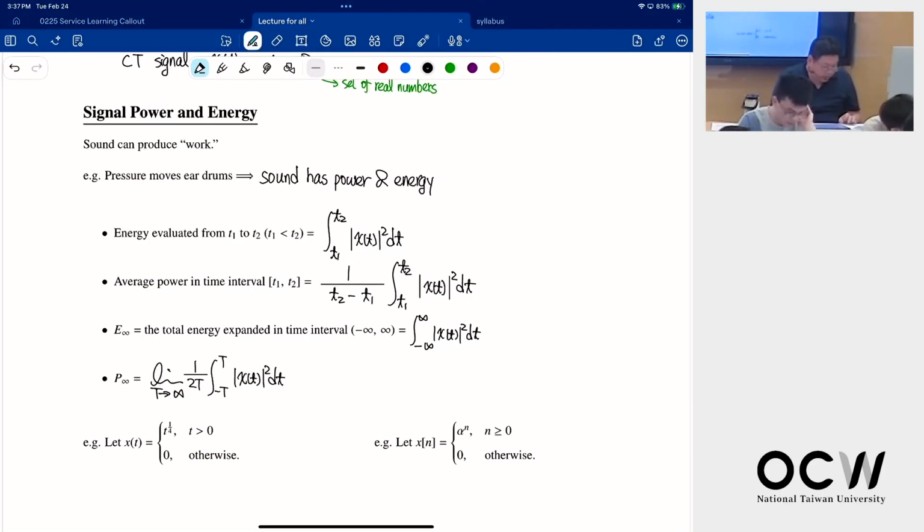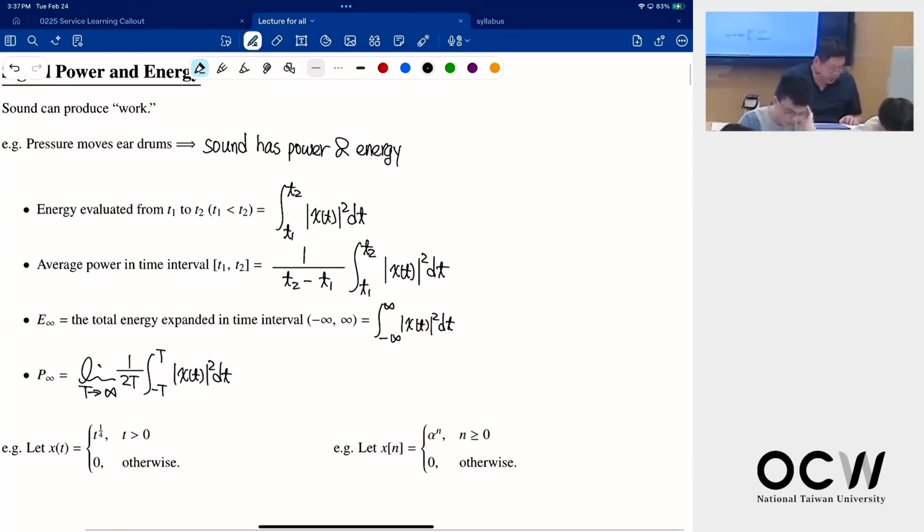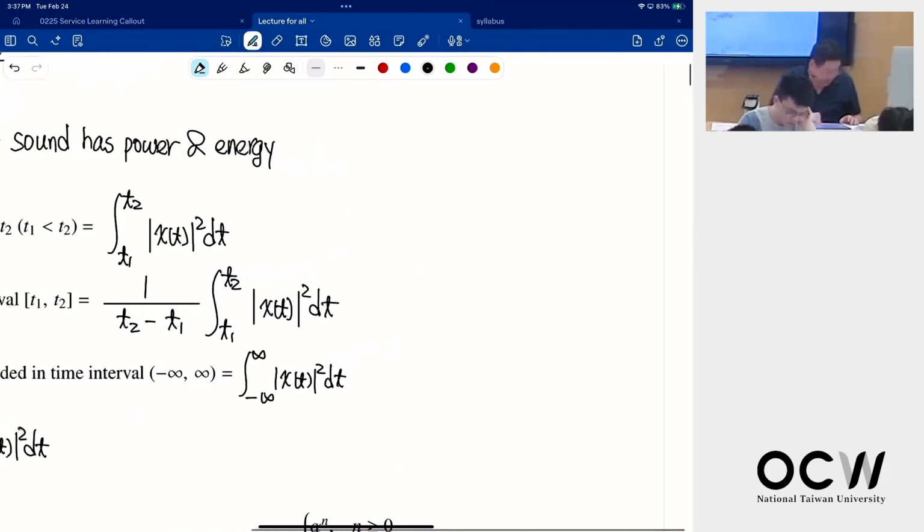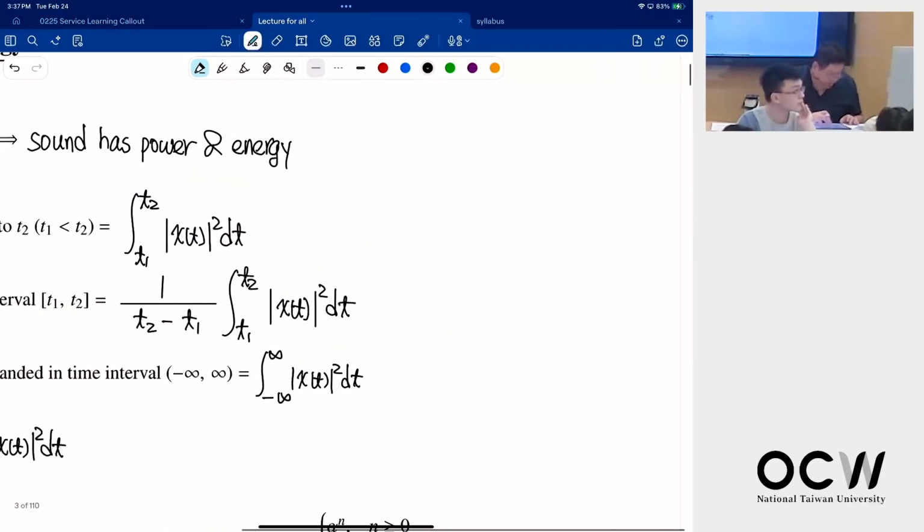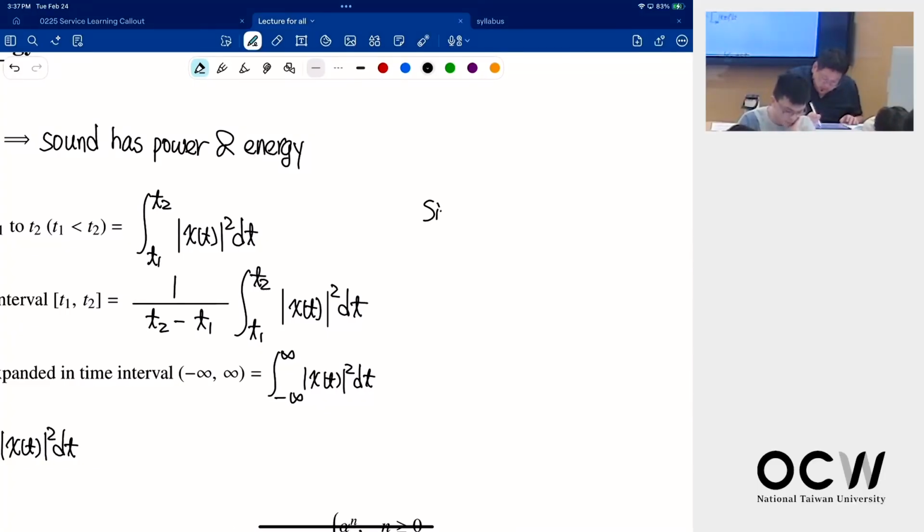Well, for the discrete time system, similarly, let's write it down here. Similar for the DT system. How do we define the total energy?